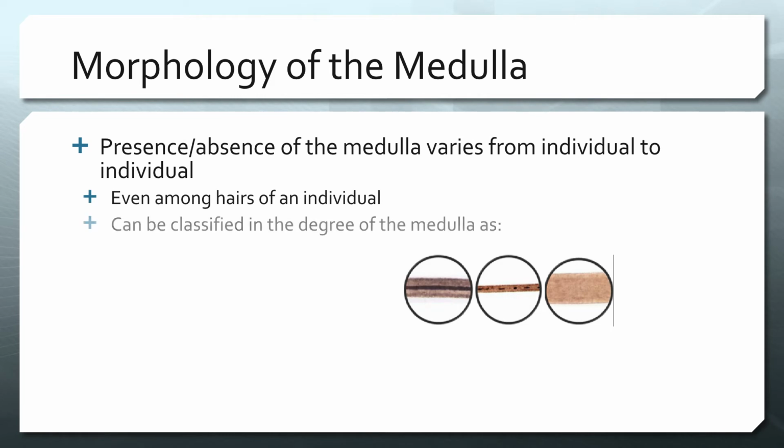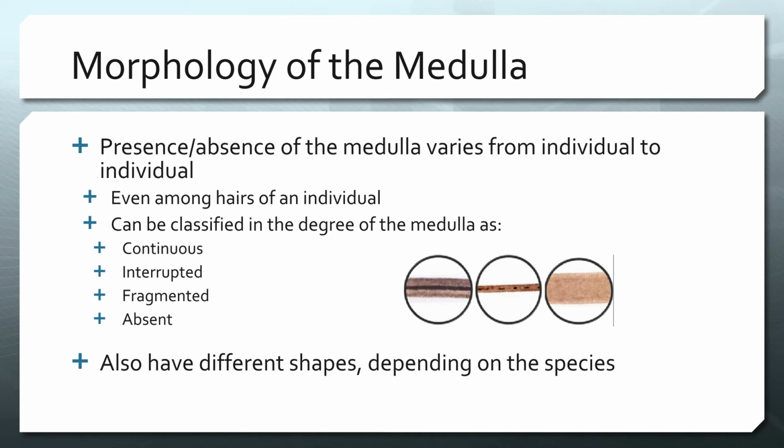We can also look at the presence or the absence of the medulla, because that varies from individual to individual. It even varies among hairs of individuals. So humans and other animals have nearly cylindrical shaped medulla. Cats have been described as resembling a string of pearls, but they can be classified into the degree of the medulla: continuous, interrupted, fragmented, or absent altogether.